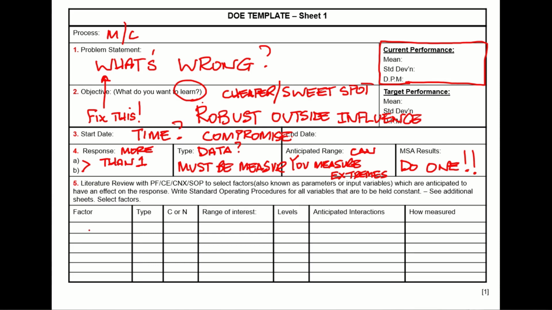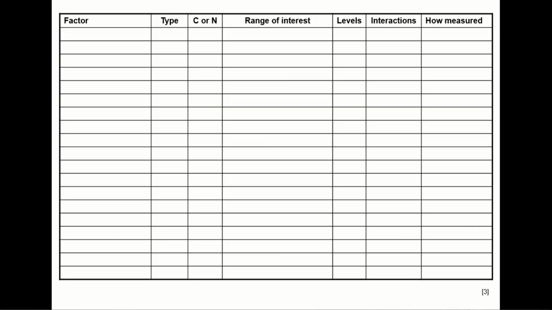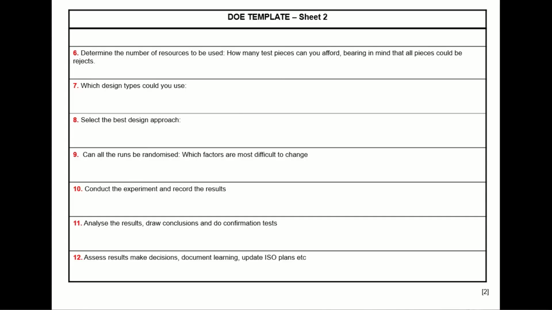Then at the bottom of this table, it gives us room, look, to select our variables, to select our factors. Now, I've only got room for 6 variables on this part of the table, but on the third sheet, there is room for lots of variables, so I added that in. So I don't want you to think that you are restricted to 6. I could only get 6 on that first page.